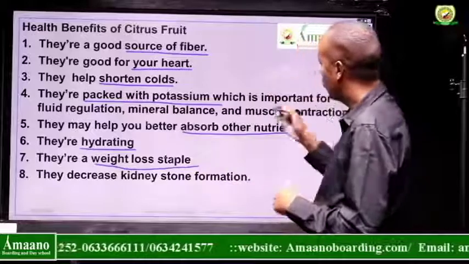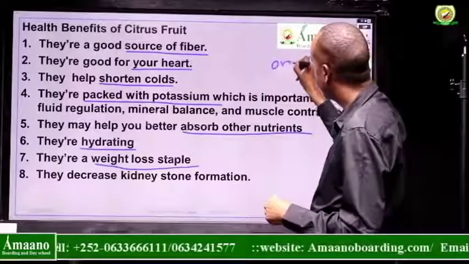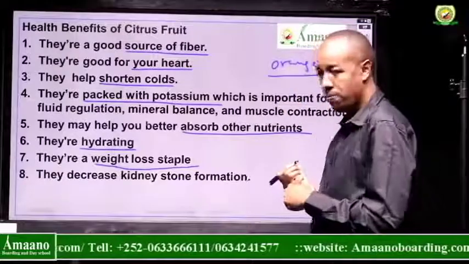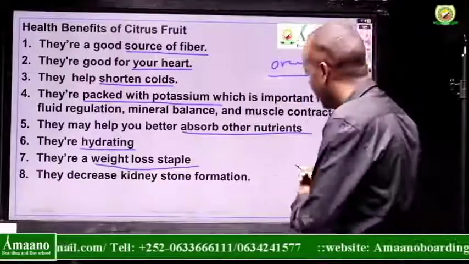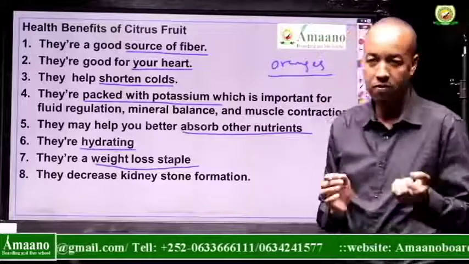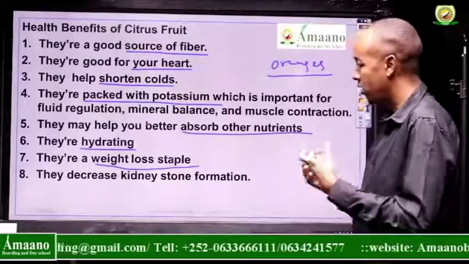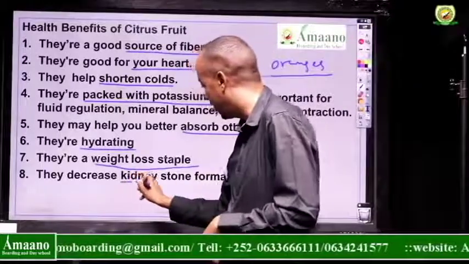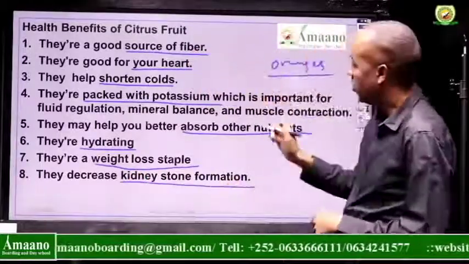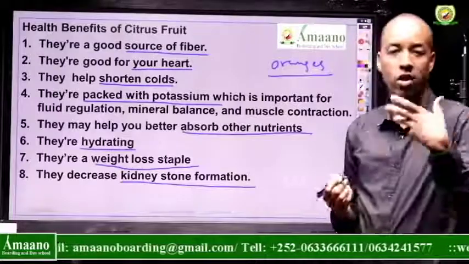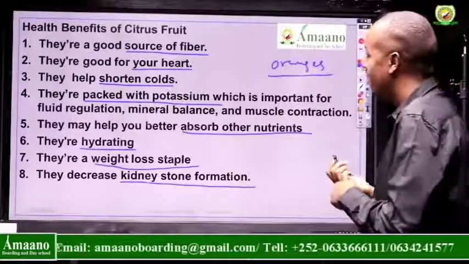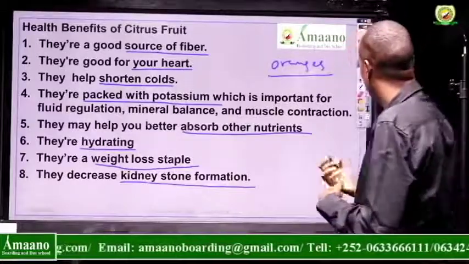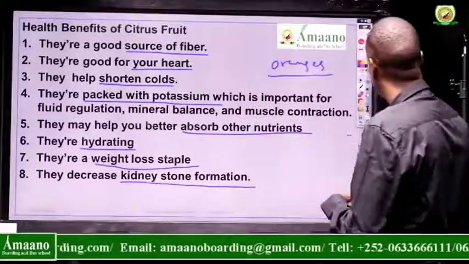Many people use orange together with black tea to get rid of extra fats and oil in their body. They also decrease kidney stone formation. So this is to encourage you to have a citrus fruit in your life at least once a day. Any type is important.